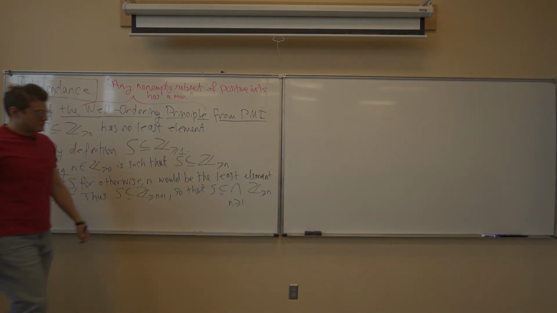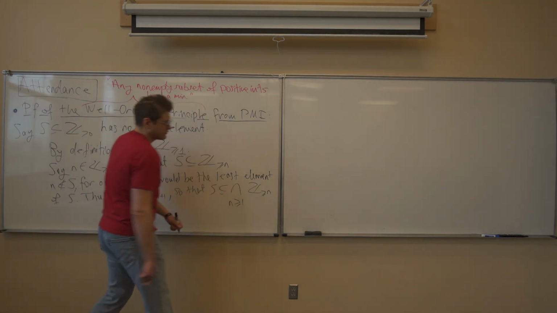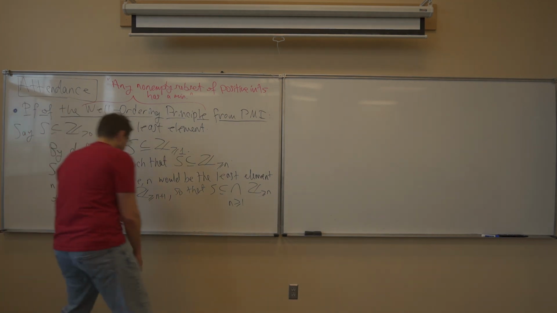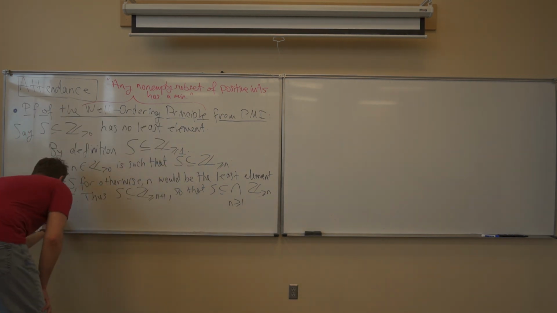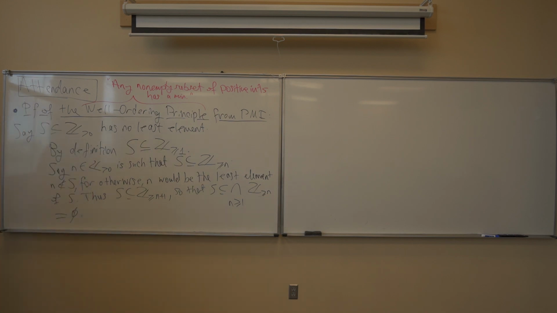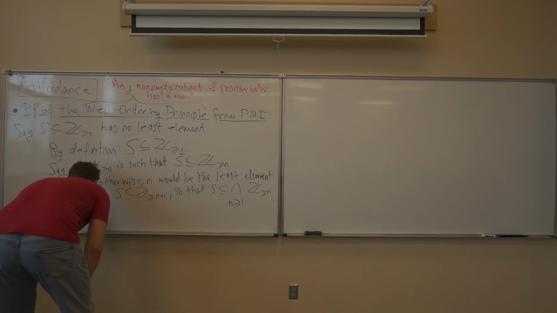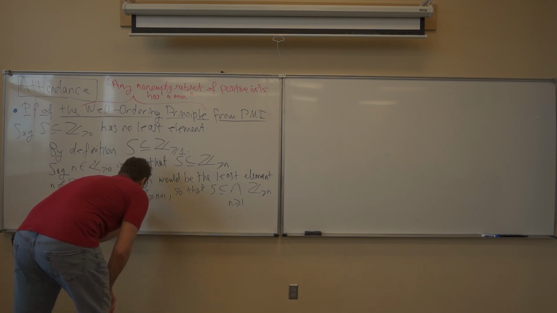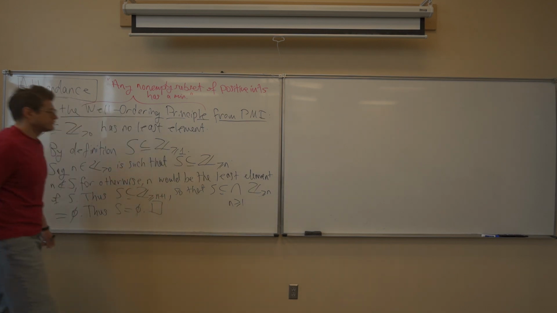But this set, the intersection of all these tail integers, if you want, is empty. Thus, S is the empty set, and that's the end of the proof.